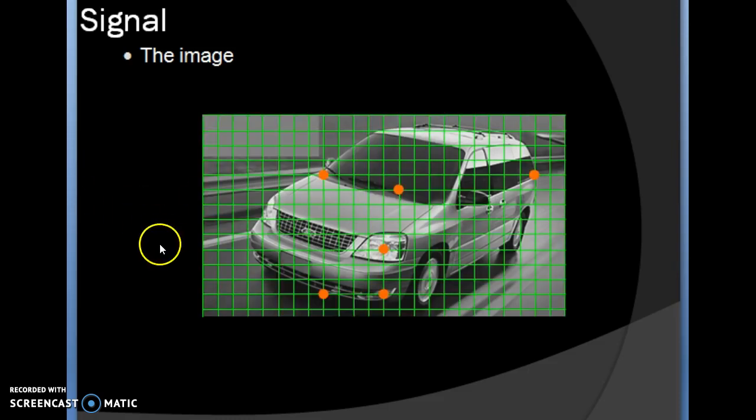For example, the intensity of the pixel at this point is one piece of information, and the intensity level of the pixel at this other point is another piece of information.